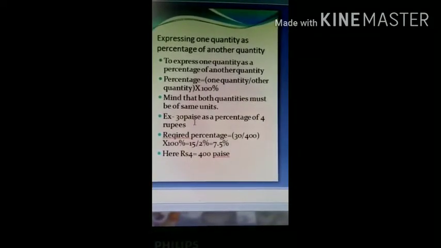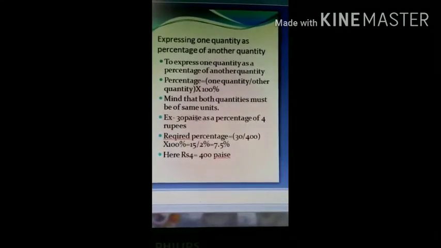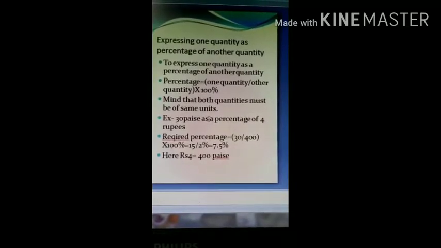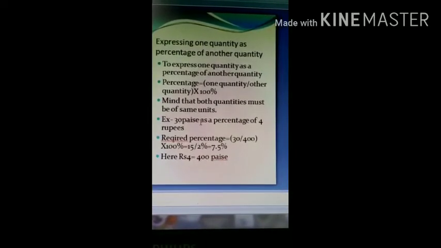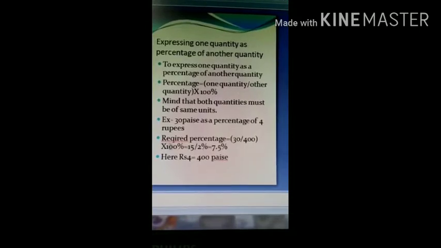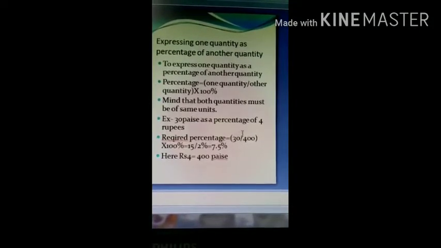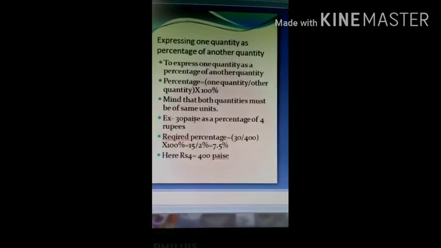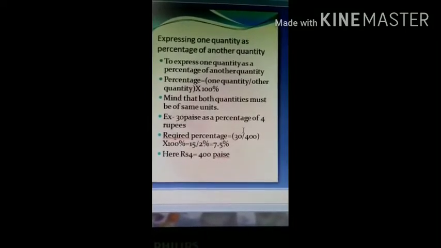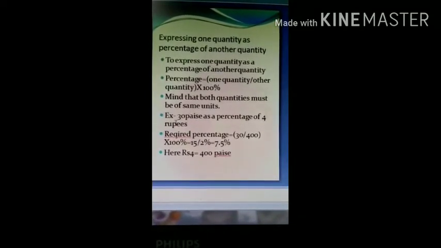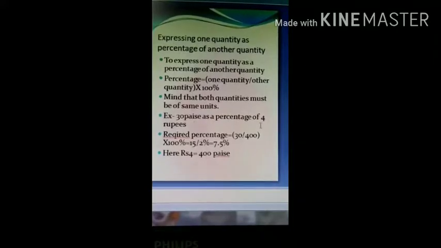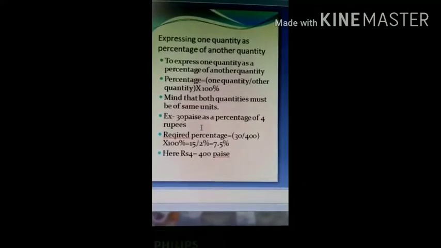30 paise as a percentage of rupees 4. Then the required percentage will be 30 paise over 4 rupees, and now we see that the units differ. So at first we have to convert 4 rupees into paise.